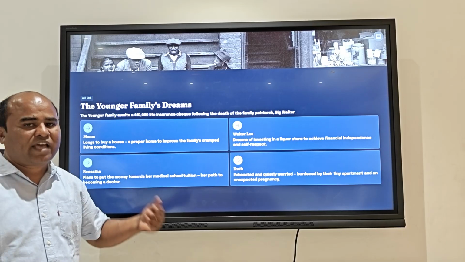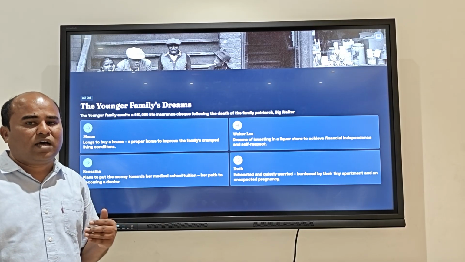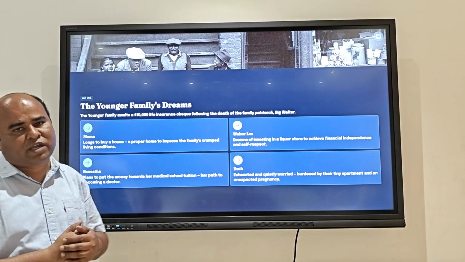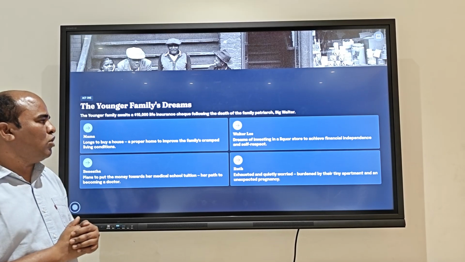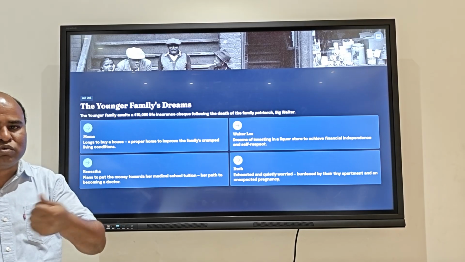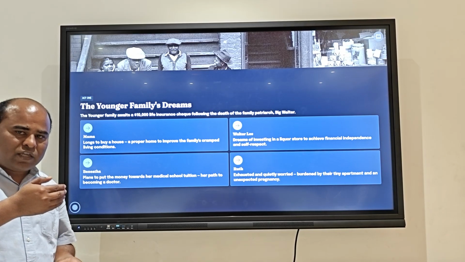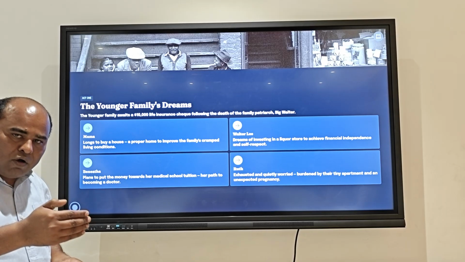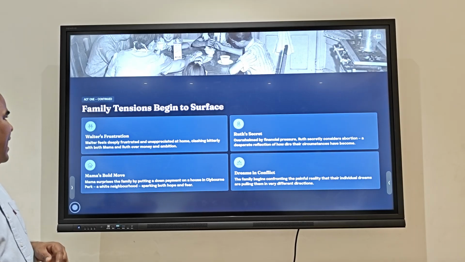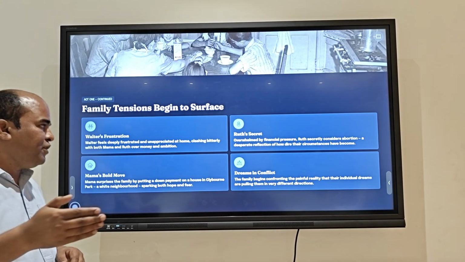So Ruth doesn't have her own dream with the money as such, but her dream is that her husband should become a happy person, a confident person. So the news that they are going to receive that amount sets the ball of action of this play rolling basically.